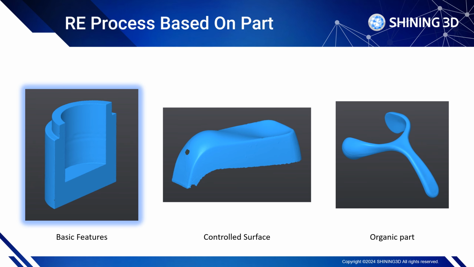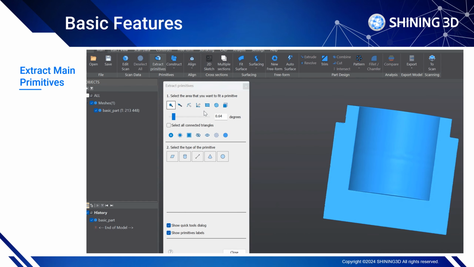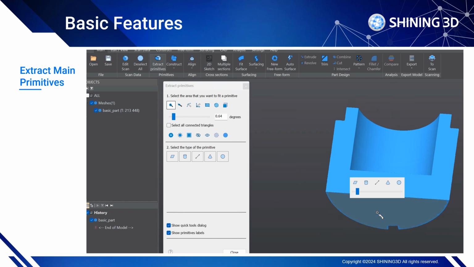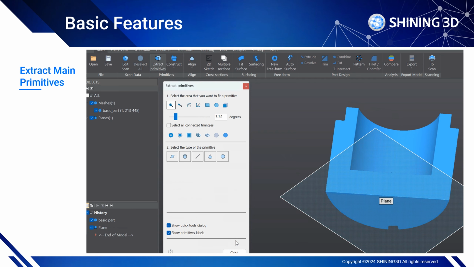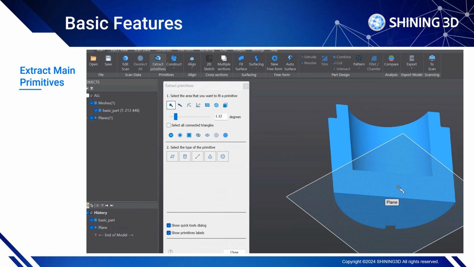All right, so let's start with the first basic feature part. In this part, we will show you the process to fully reverse engineer this model. We will use functions including extract main primitives, like the base of it, cylinders.